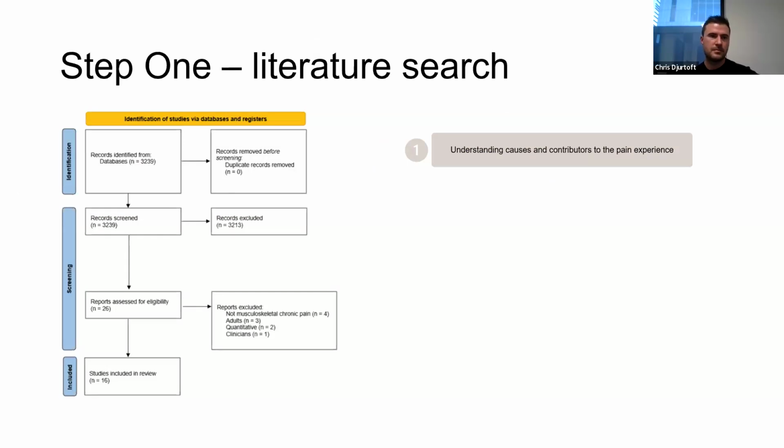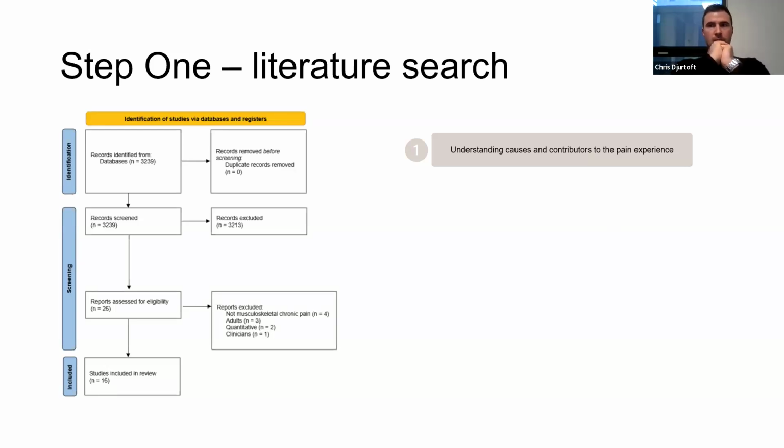So step one was doing the literature search, because we wanted to explore what was already examined about the patients, and what they wanted to know when they were experiencing diagnostic uncertainty. After doing thematic analysis, we developed five domains that patients wanted to know about.